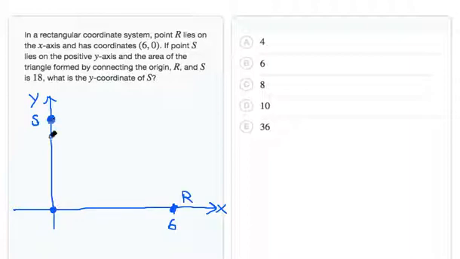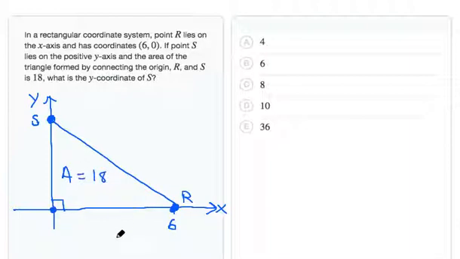The triangle formed by the origin, R, and S would be this right triangle right here. So connecting these dots, bear with me, I know it's not going to be a perfect right triangle. But the axes form 90 degrees, so we do know the triangle is a right triangle, and we're told that the area, let's call that A, is 18.